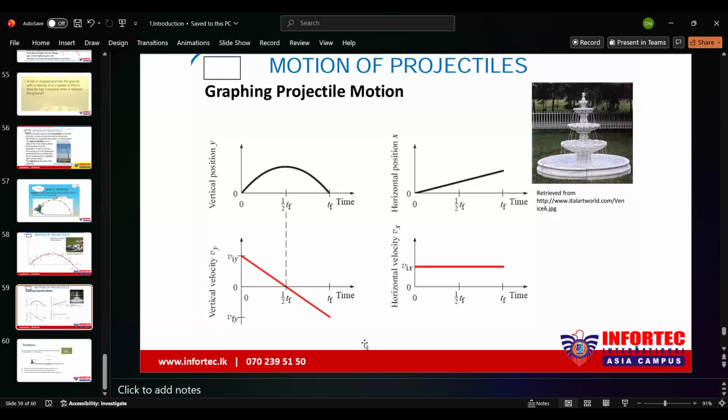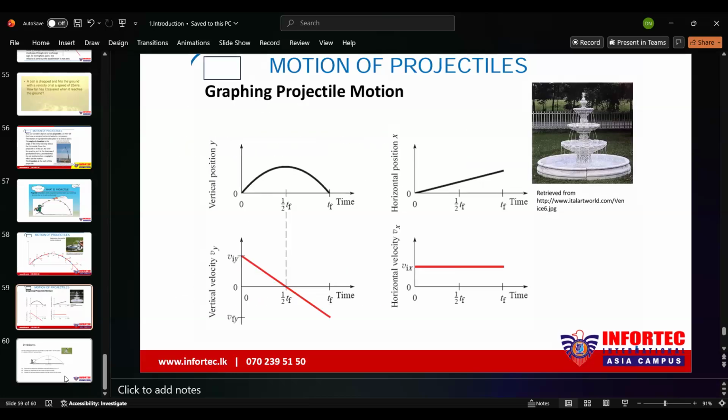And the other part, you can see a negative sign because the direction is opposite. But in the horizontal position, x is increasing, but we can see no change in the horizontal velocity component. The horizontal velocity component has the same value, right? It is not changing. You can see in these diagrams. Okay.